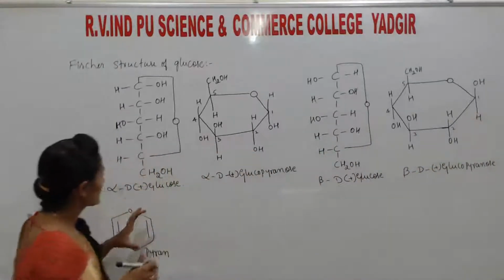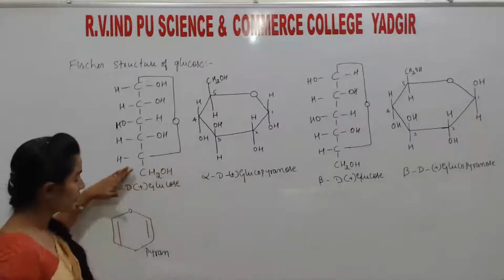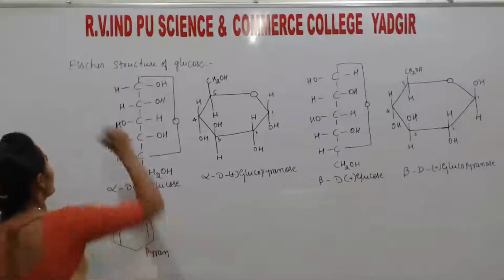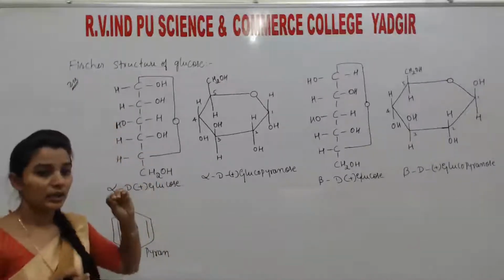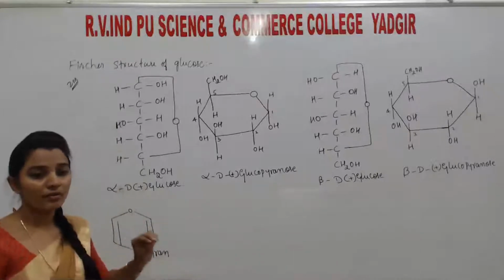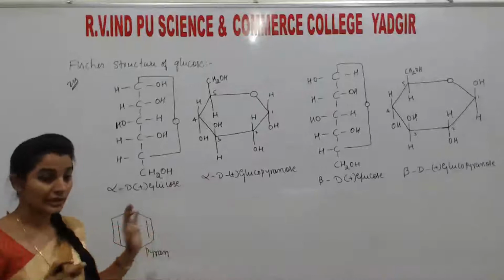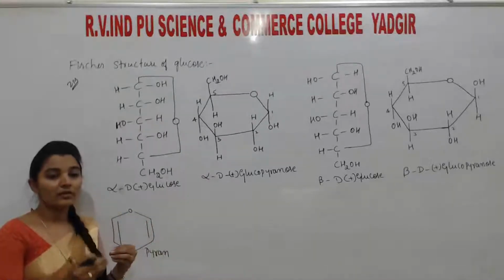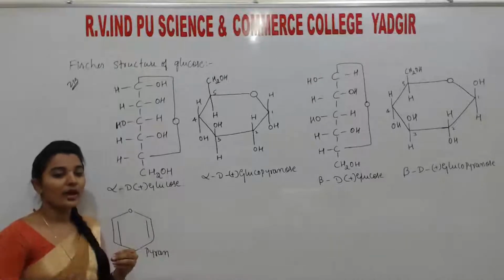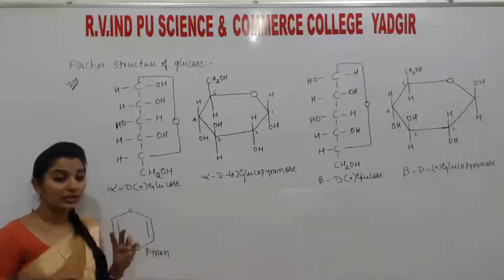So both the Haworth structure and the Fischer structure are important for 2 marks. Remember, in this chapter the most often asked question is to write the Haworth structure of this and this. Initially they asked to write the Haworth structure of sucrose, glucose, maltose, like disaccharides.